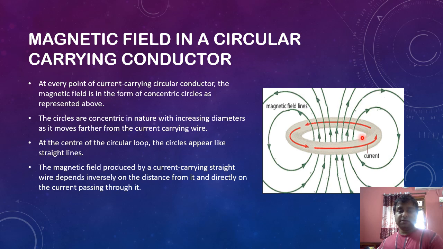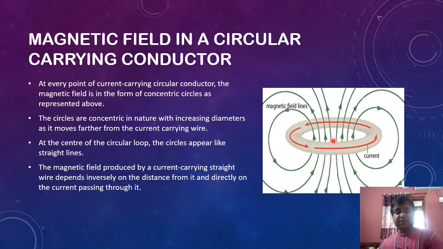It depends inversely on the distance from it, which means that the further it is from the current carrying conductor, the weaker the magnetic field lines are, and it becomes stronger when it is closer to the current carrying conductor.